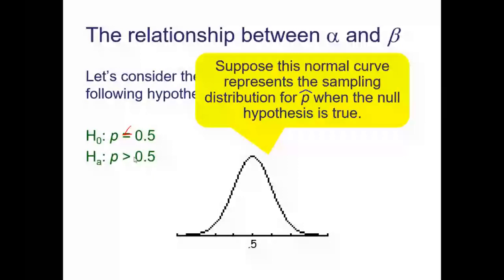Okay. So this is the normal curve. It represents the sampling distribution for P hat when the null is true. So our mean here is at 0.5. Notice if I draw a straight line up, it goes through the high point.